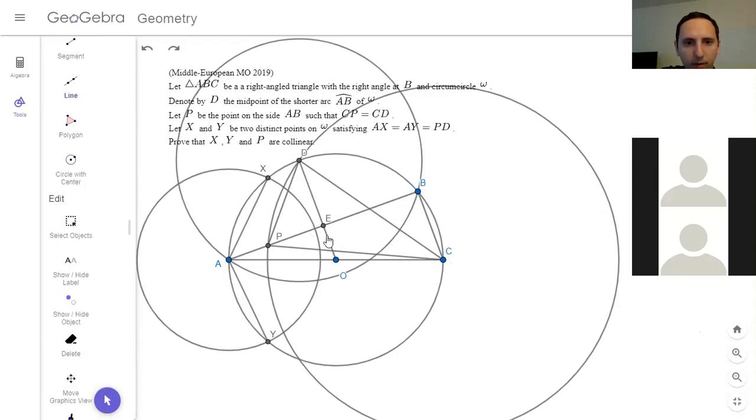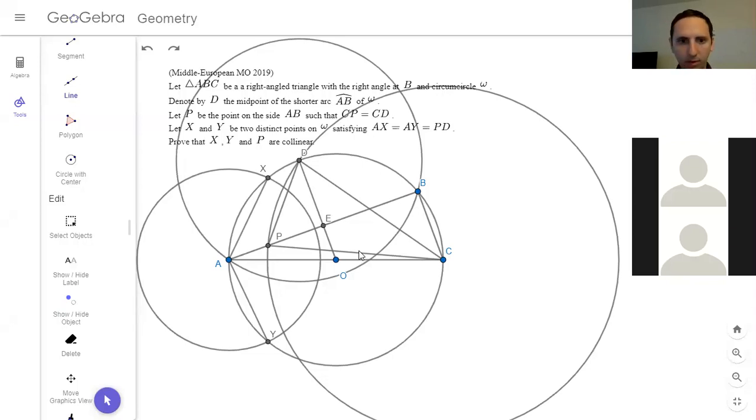No, that's not perpendicular. We want to show AE squared minus PE squared is equal to PD squared minus PA squared. Okay, I'm just going to try to bash it. I think this should be bashable.